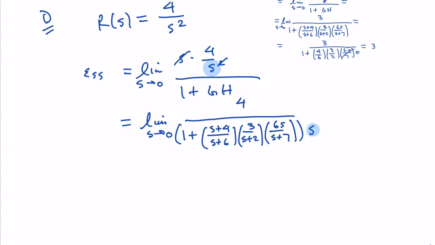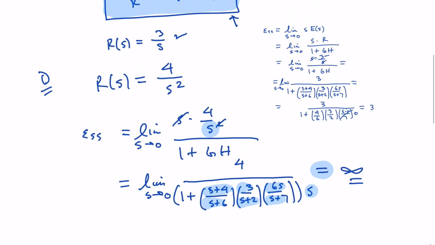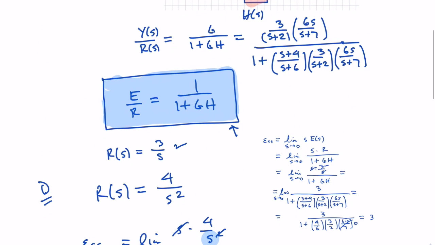When you plug in S equals 0 into all these terms, you get something finite here. That one's 0, but 0 times essentially 1 is 0, and so as S goes to 0, this goes to infinity. And we knew that if you had a finite steady state error from a step, then you're not going to be able to track a ramp with finite error. So that's how you do that type of problem.